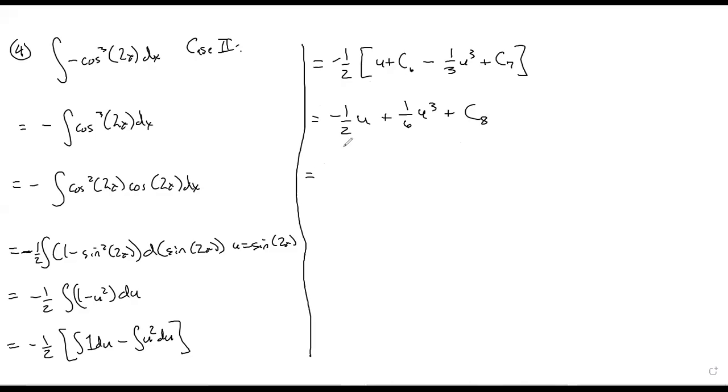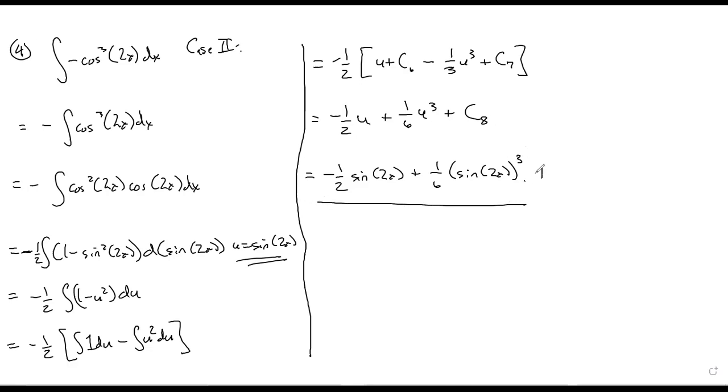Start in x and end in x, so remember our u substitution was sine of 2x, so we have negative 1/2 sine 2x plus 1/6 sine 2x cubed. Now that's from the third part, plus the arbitrary constant.